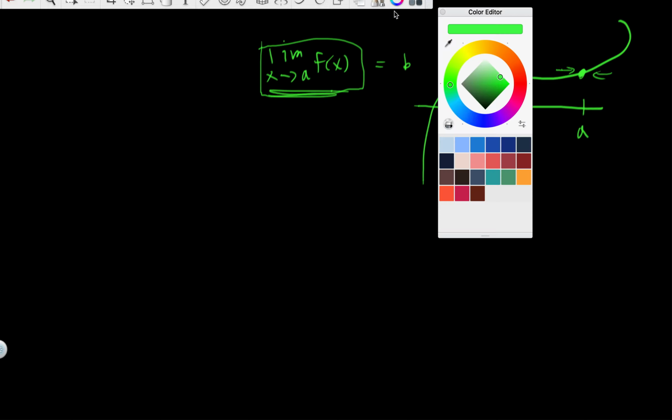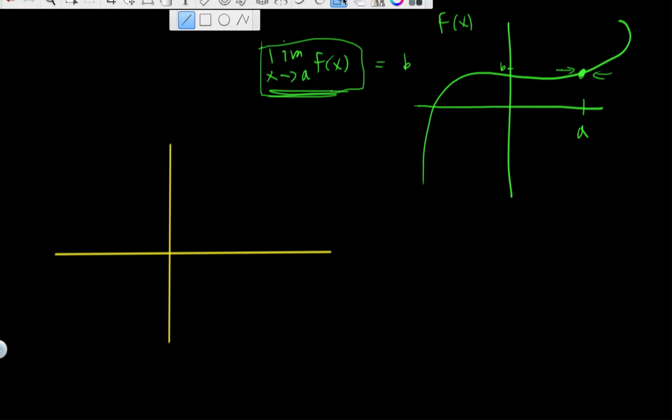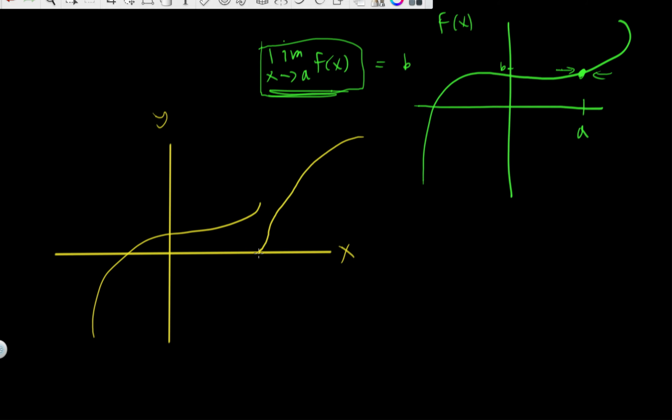Now, this gets interesting when the function actually doesn't reach the same value from both sides. So let me define another function. Let's draw our axes. We have our y-axis and our x-axis. Let me arbitrarily define a function that looks like this, and then that looks like that.